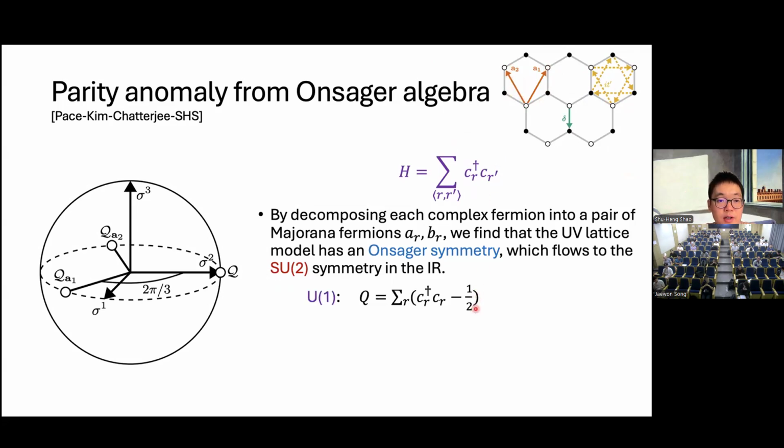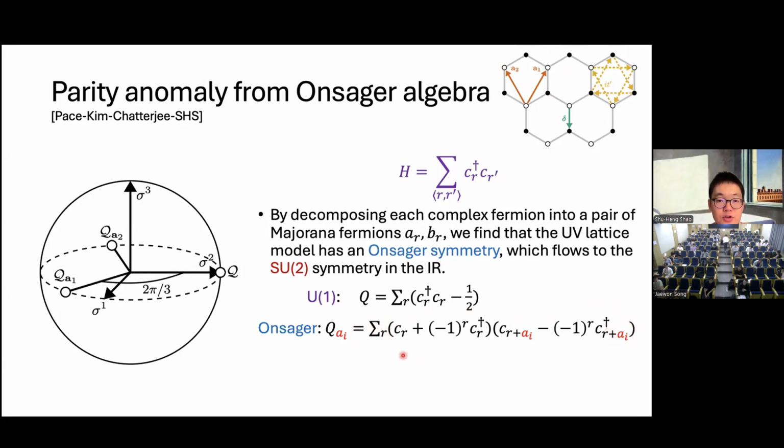So in the end, in addition to the manifest U1 global symmetry Q, you also get two more generators, which I call QAi. This could be QA1 or QA2. A1 and A2 are these two vectors on the lattice, and these are the two Onsager charges.